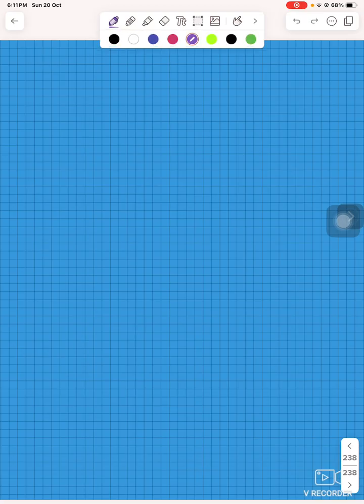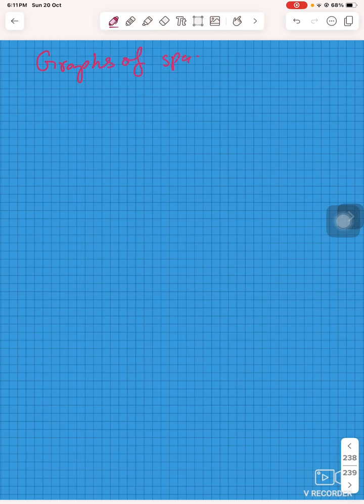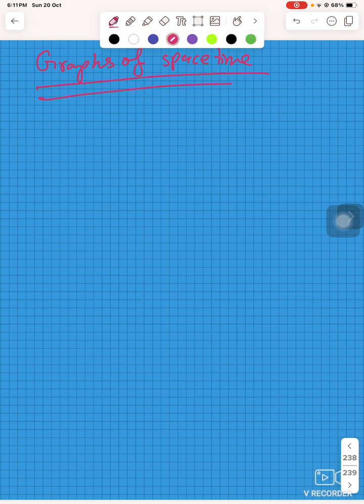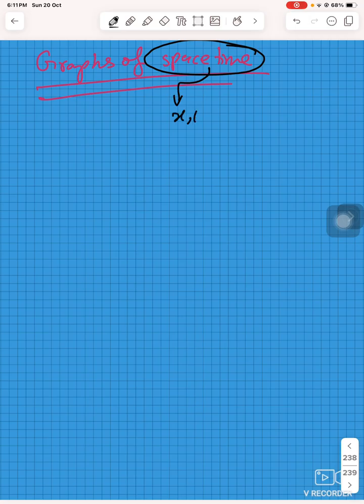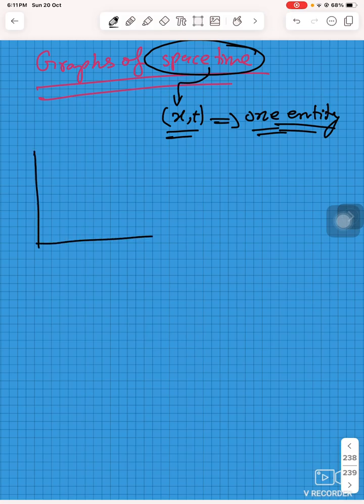We can see that using graphs of space-time. There's a reason I said space-time, because these two are taken as one entity. Distortion in space is distortion in time. Something happened to space, something happened to time, and so on. So let me show you the graph.